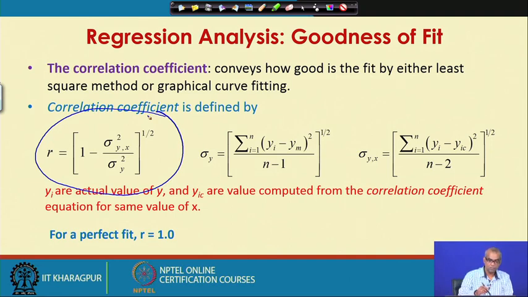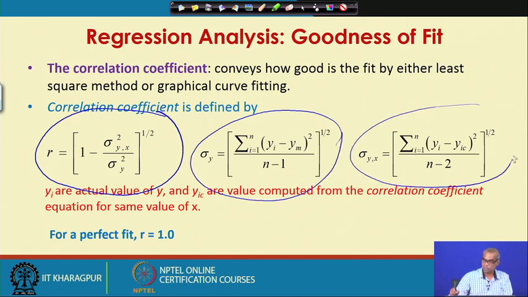Note that you have terms like sigma yx and sigma y. So, sigma y is this and sigma yx is this. y i are actual values of y and y ic are values computed from the fitted equation for the same value of x.